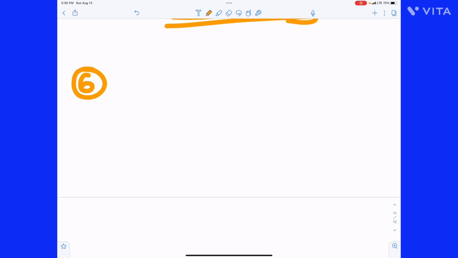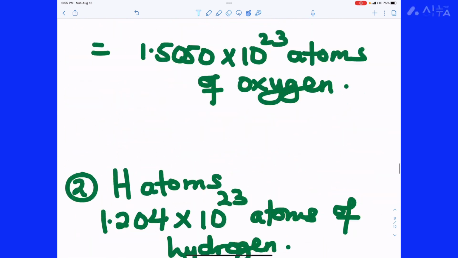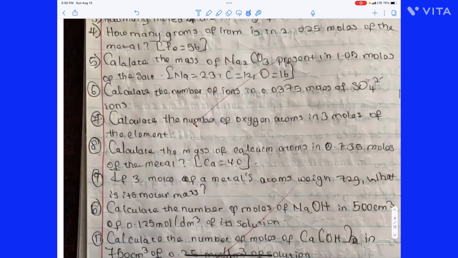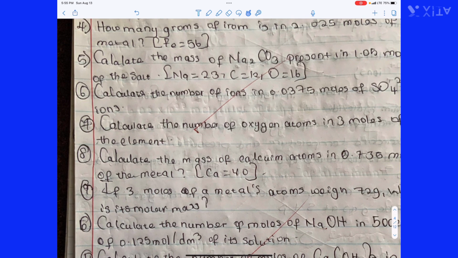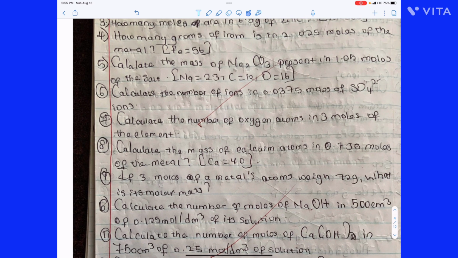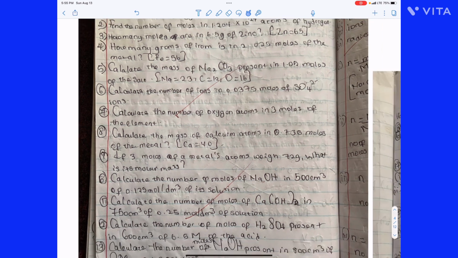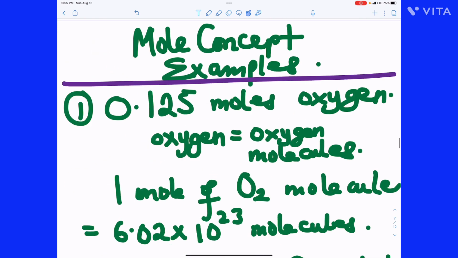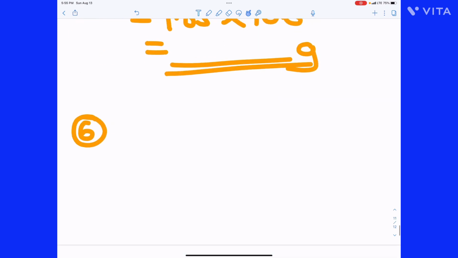Number 6, I'll go up to check the question. Question 6 says, calculate the number of ions in 0.0375 moles of tetraoxosulfate(VI) ions.